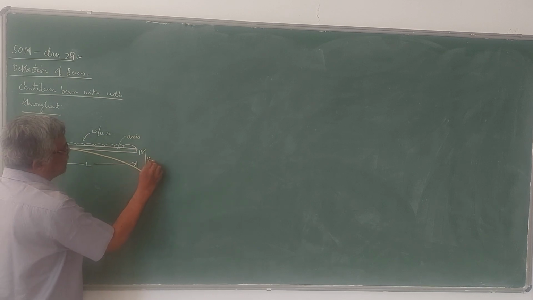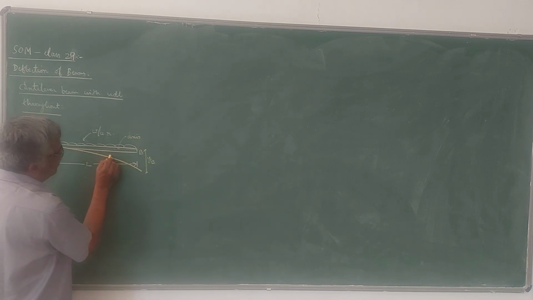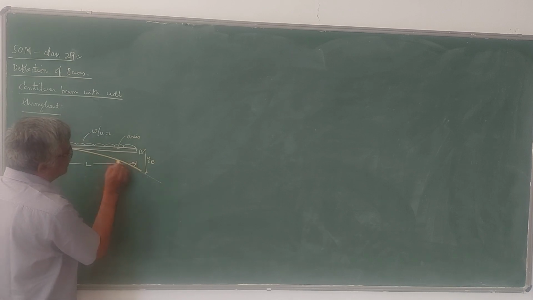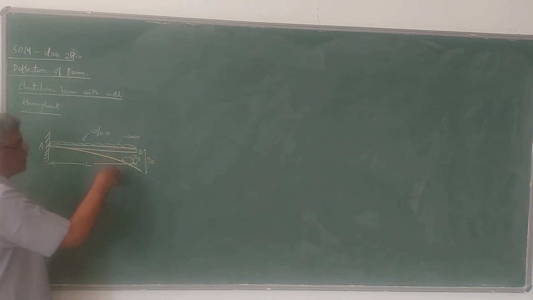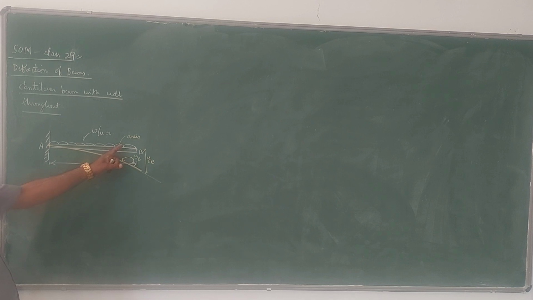This deflection I will take as YB, and if you draw a tangent at B to this curve, that tangent makes an angle theta B in the anti-clockwise direction with the axis of the beam. So that is the slope. Theta B is the slope or rotation at the free end, whereas YB is the deflection at the free end.